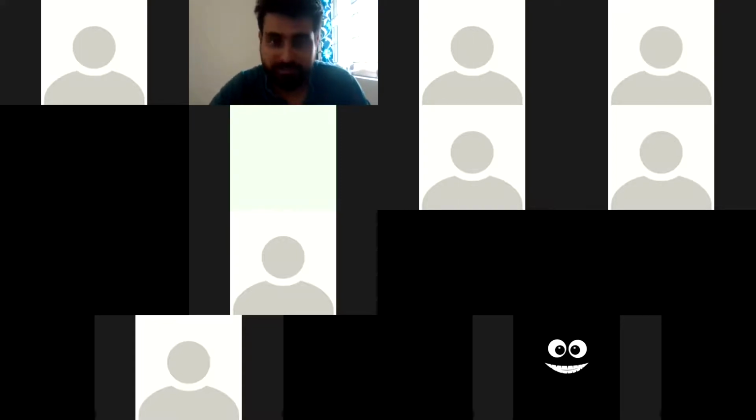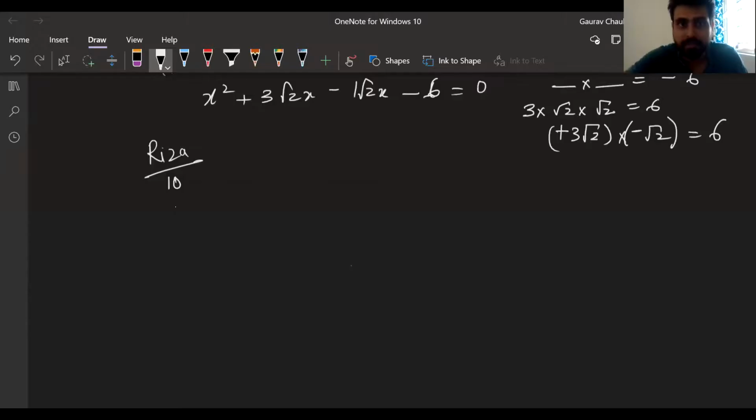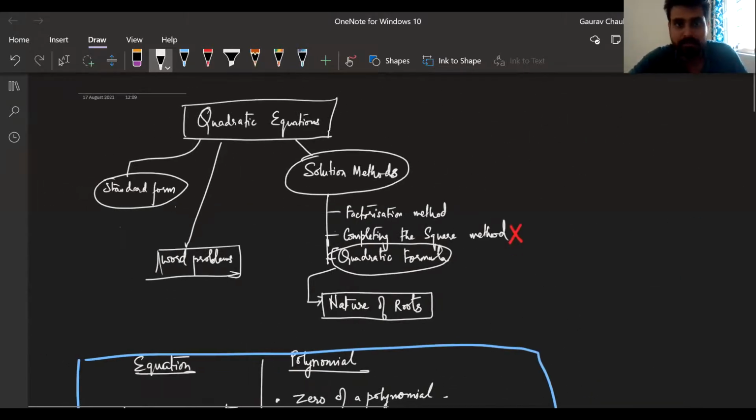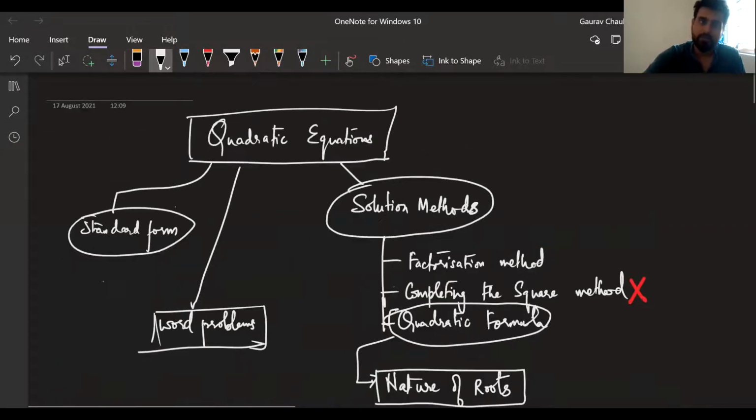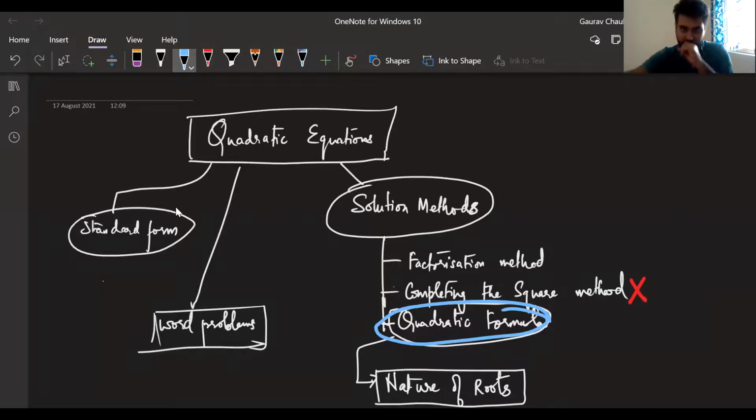This is our chapter map. Only one method is remaining, that is the quadratic formula. So factorization is done. We have to learn the quadratic formula method.